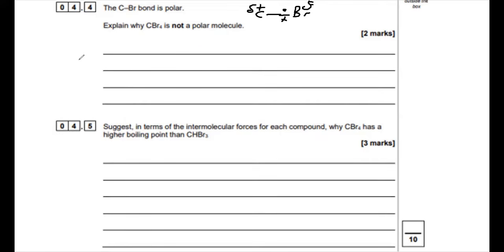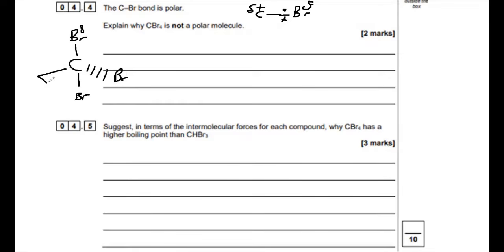The problem is because carbon has 4 electrons in the outer shell and it's forming 4 bonds, it's going to take a tetrahedral structure. And what that means is that the bonds are going to be all the same angle away from each other, which is 109.5, and they're going to form the tetrahedral shape.